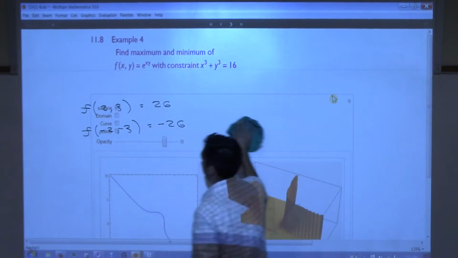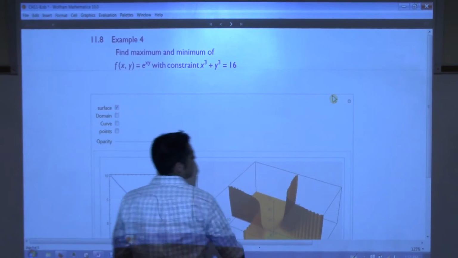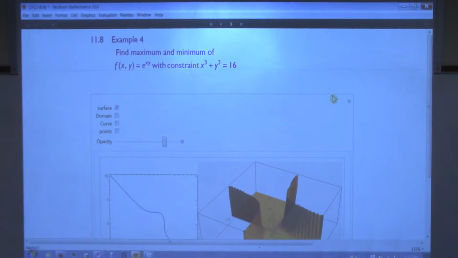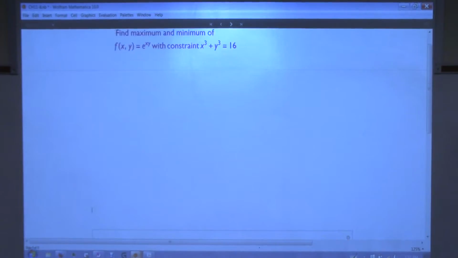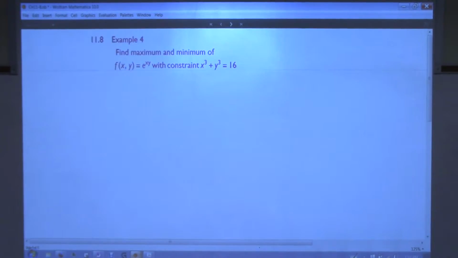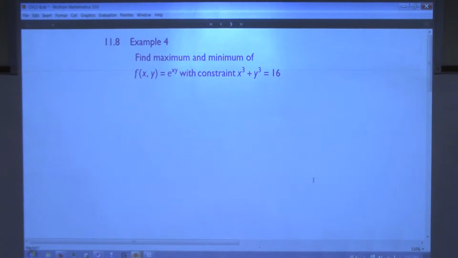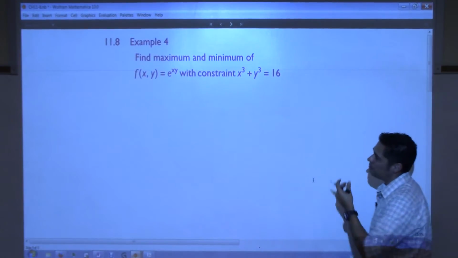Now we're getting into some nastiness. e to the xy is our function.